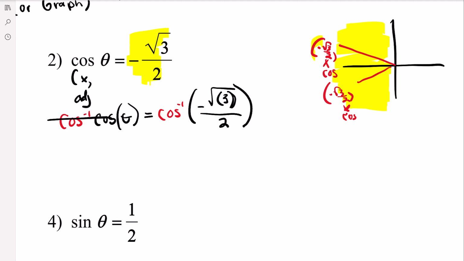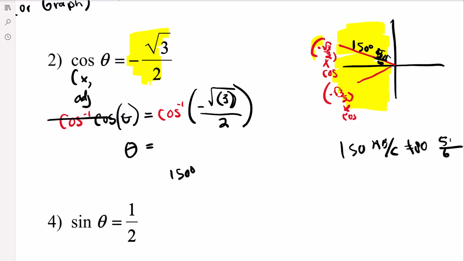Now, when you type this in, you're going to get 150 degrees, which is right here. If you look at your unit circle, that's 5 pi over 6. Or type it on the calculator, and you're going to get 5, 6, and then the pi goes right there. So you could do it that way if you wanted. And then in the third quadrant, 7 pi over 6.